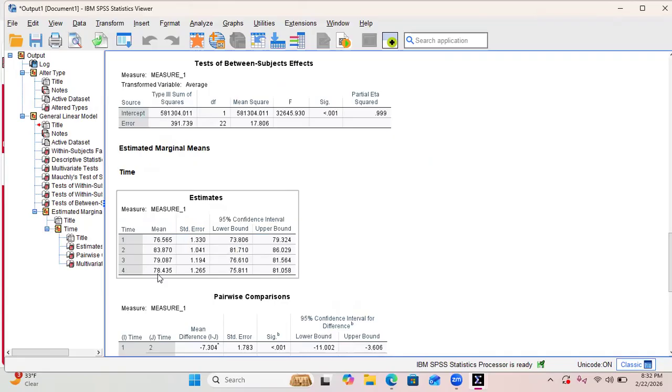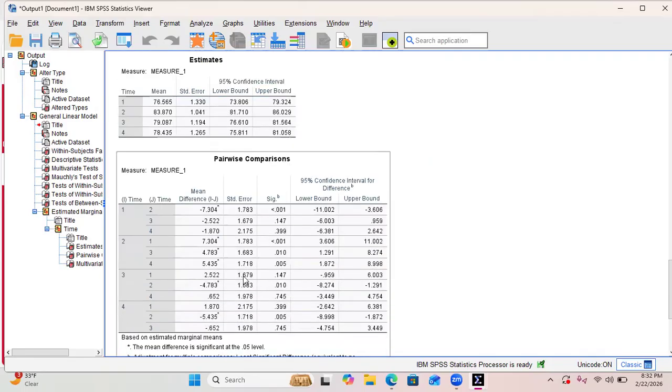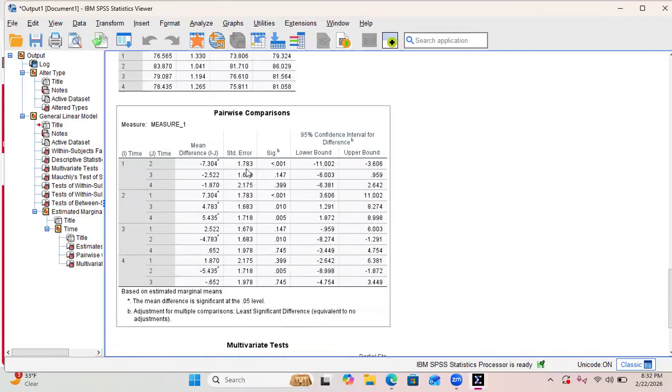78.435. The post hoc pairwise comparisons revealed a significant difference between the pretest and the 5-minute mark, with that significance being less than 0.05. But not between the pretest and the 1 hour mark, and not between the pretest and the 4 hour mark.